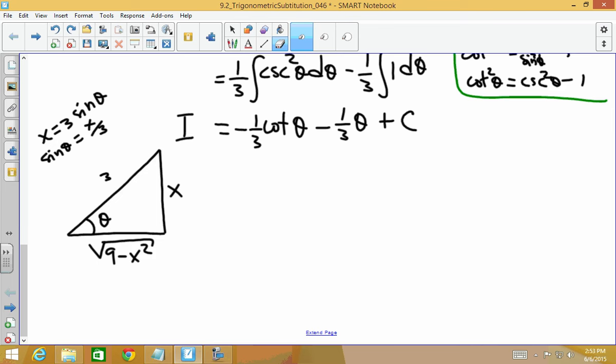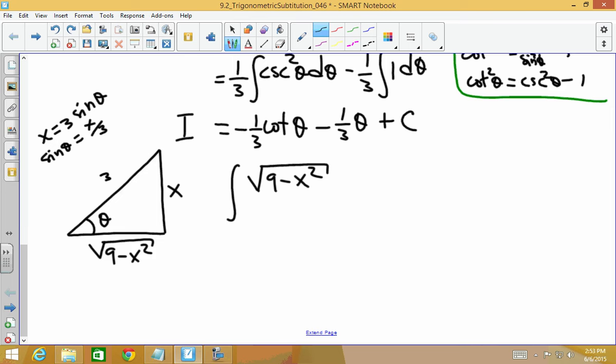It means that the integral of square root of 9 minus x squared divided by 3x squared dx is nothing other than negative 1 over 3 cotangent theta.